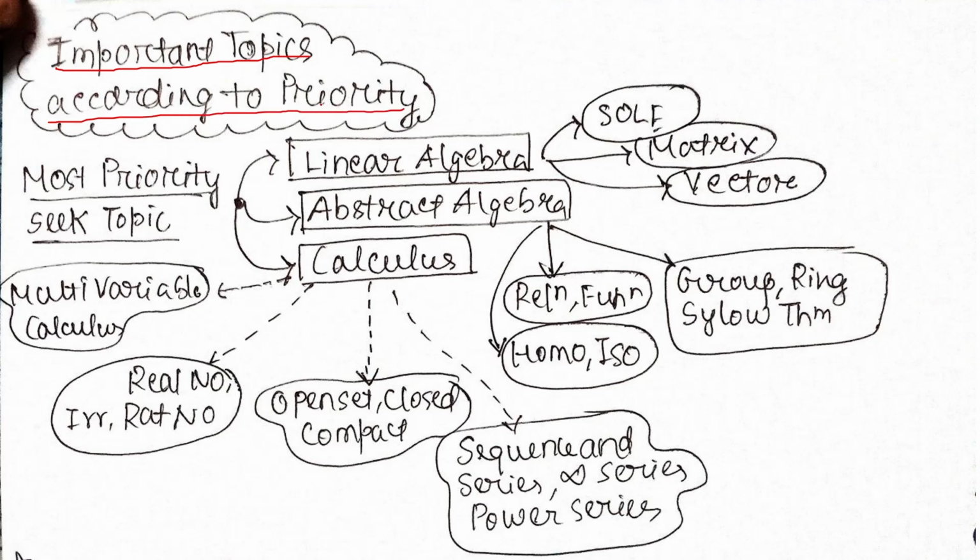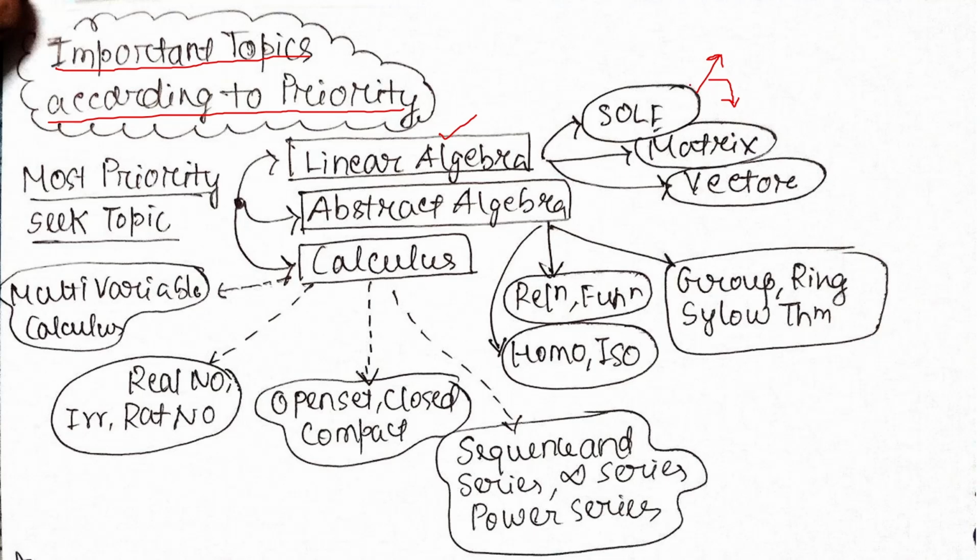So basically, what are the important topics, according to priority order? The first is linear algebra, which is basically discussing the concept of SOLE, that is, a system of linear equations. It involves some things like the rank-nullity theorem, etc., which comes next, involving the concept of matrices.